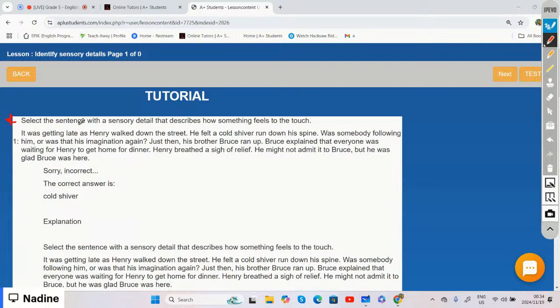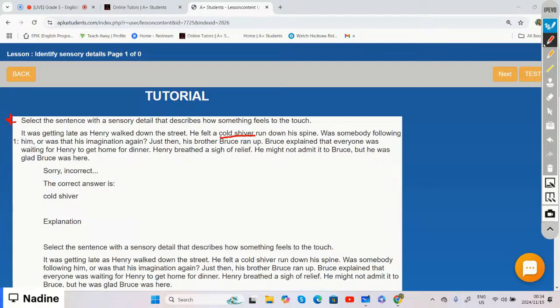Yes, cold shiver. That is correct, right? It says he felt a cold shiver run down his spine. And if you feel the cold shiver, how would you describe it? When do you usually feel a cold shiver? And how does it actually make you feel?